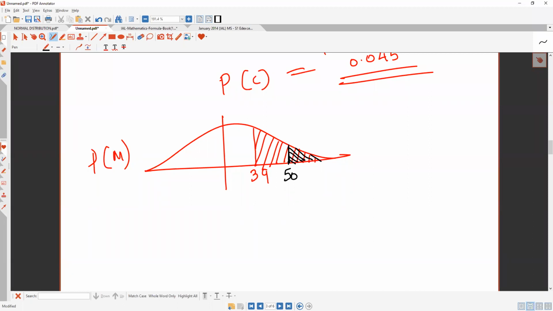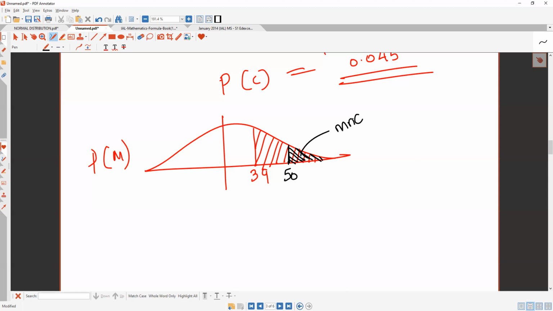Explain again. In this particular area, both the lines have intersected. Can you see 39? The red line is greater than 39 kg and the black line is greater than 50 kg. What are we looking for? We are looking for the probability of getting a medal. The area is actually M intersection C. Yes or no?